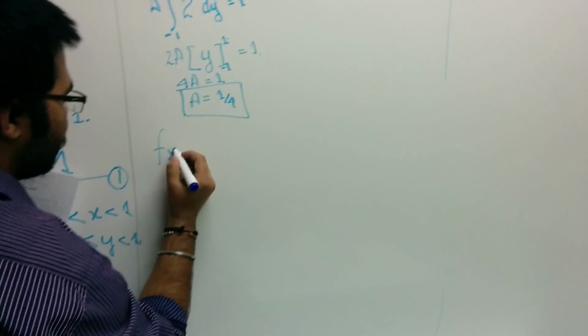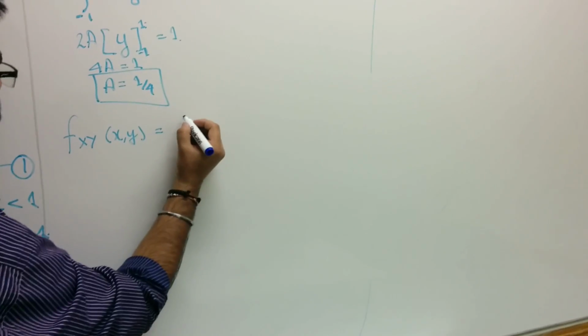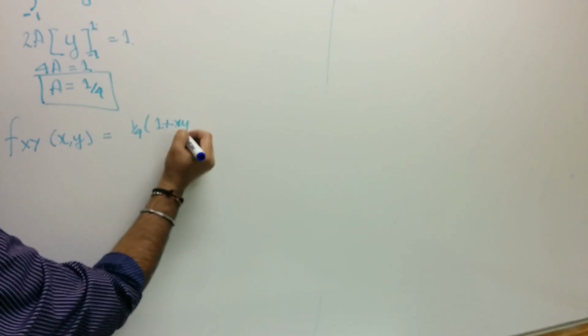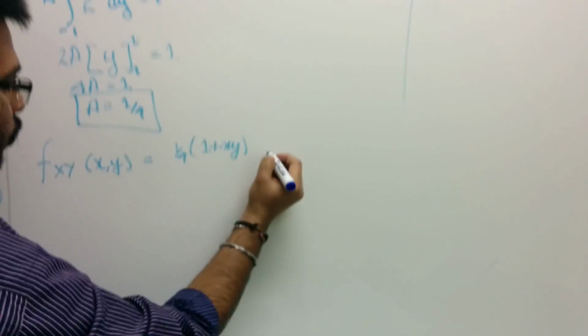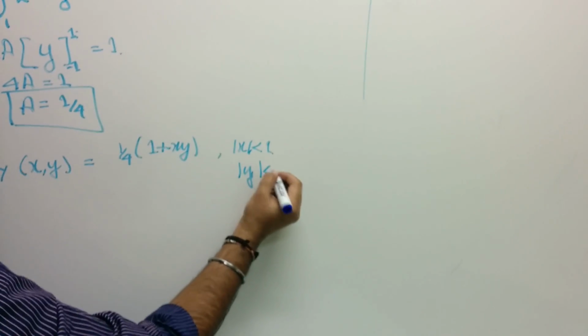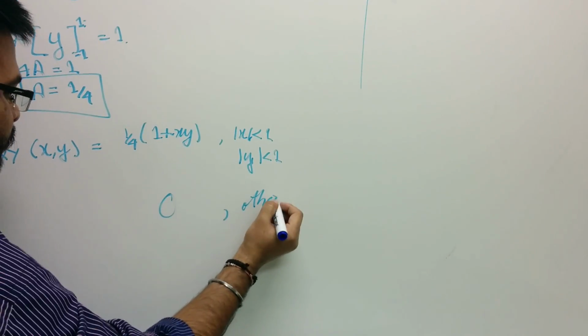Now putting it in the original equation, the joint PDF is f_XY(x,y) equal to 1 by 4 into (1 + xy) for |x| < 1 and |y| < 1, and it is 0 elsewhere.